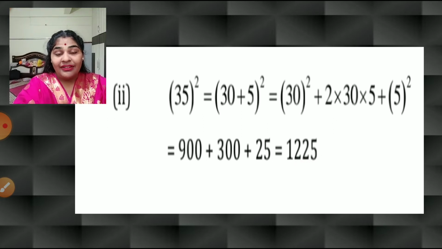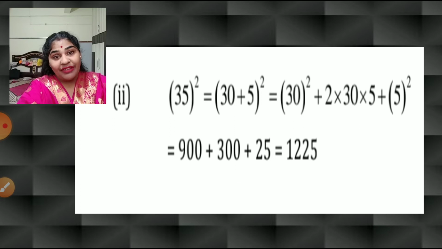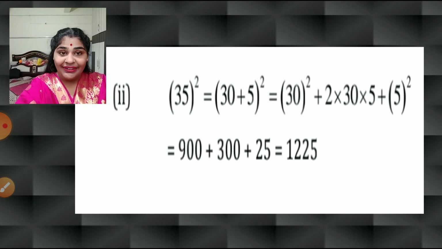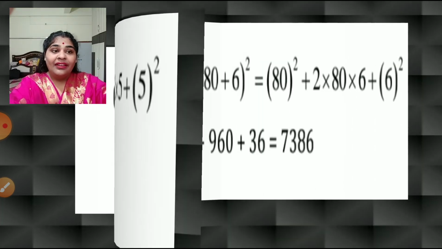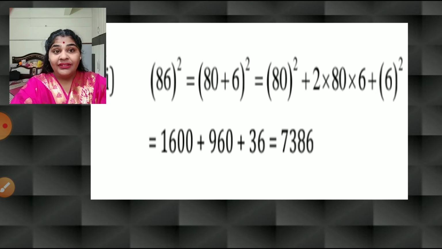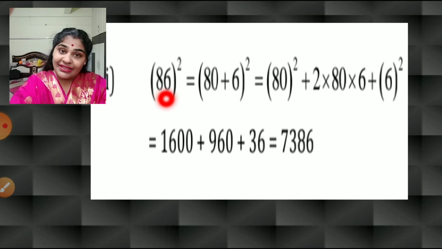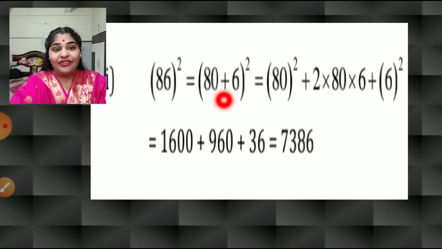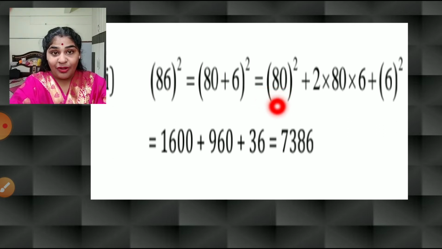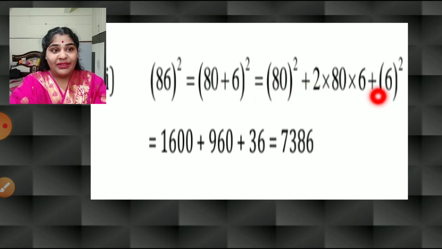Once again I'll repeat: whichever number is given, bring that in the form of (a plus b) whole square and just substitute the values in the identity. Use the identity. Let us see quickly one more example. Third one, 86 square. Now 86 square can be written as (80 plus 6) whole square. And we just have to bring it in the form of a square plus 2ab plus b square.